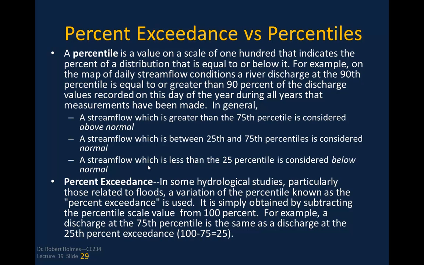And so when you look at a lot of our flow data on the web that the USGS puts out, we're talking about percentiles of flow and not exceedance. And so there I've contrasted one versus the other. The interesting thing is the percentile is 1 minus the percent exceedance, or the percent exceedance is 1 minus the percentile. They're reciprocal in that fashion.